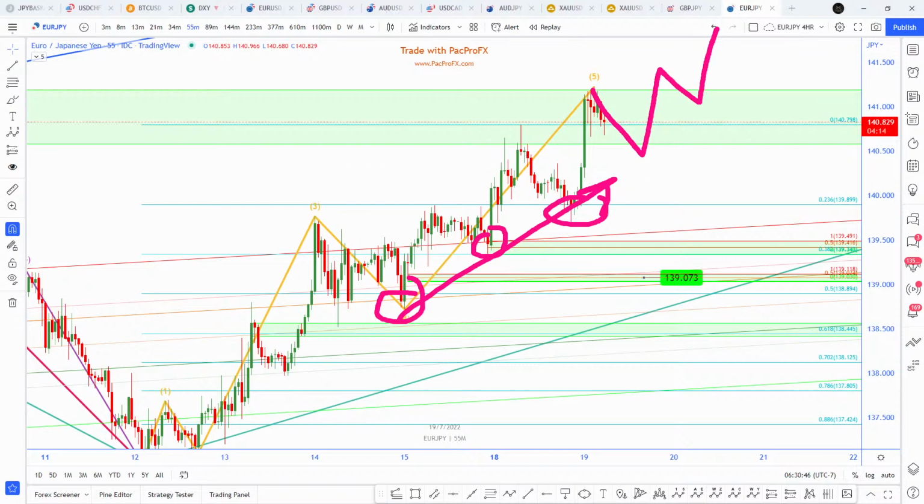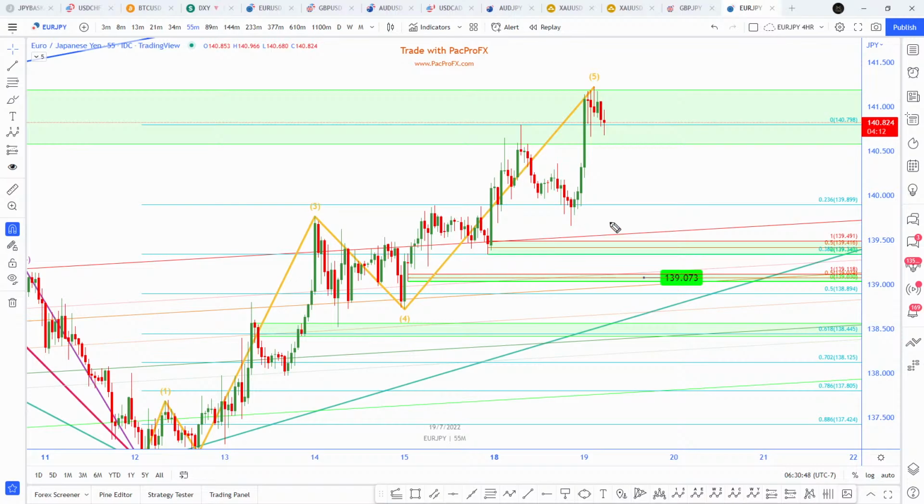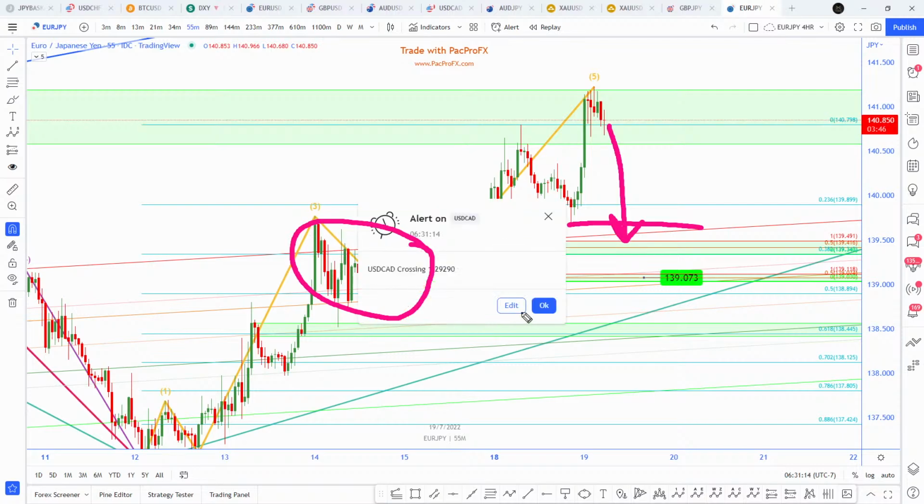So until I see that this low is taken out and this wick low is taken out here, then basically I can't say that we are finished with this at all. This is a corrective wave pattern, so I'm sure that this is a wave 4.